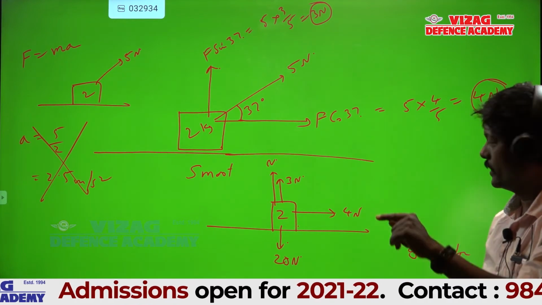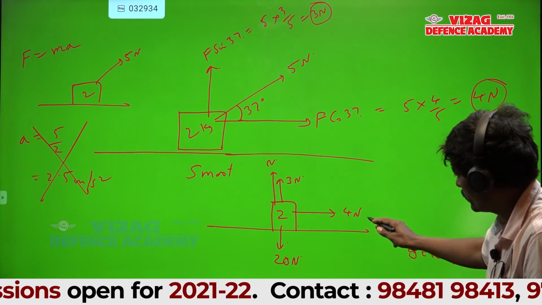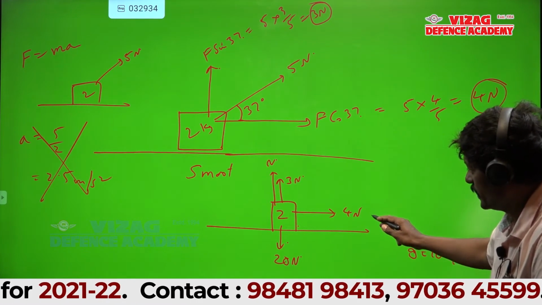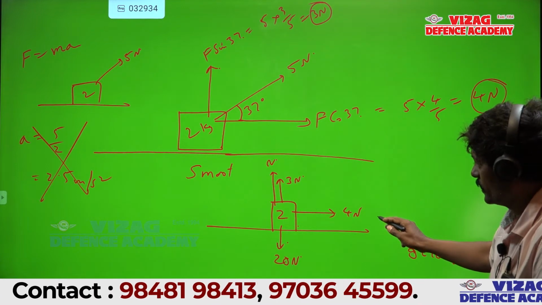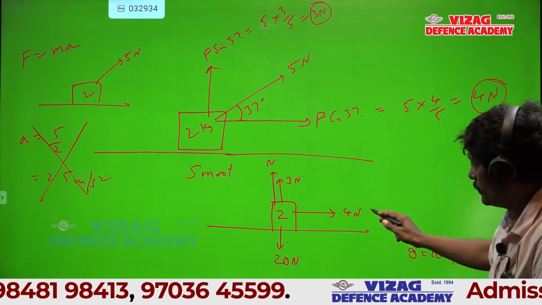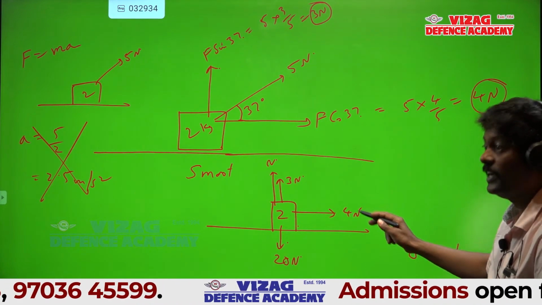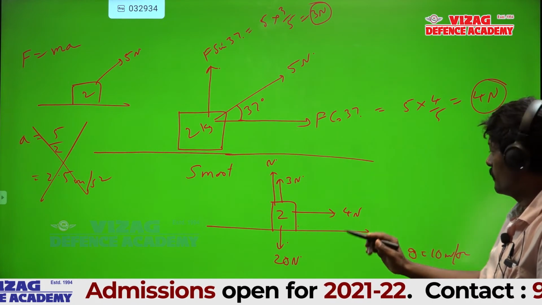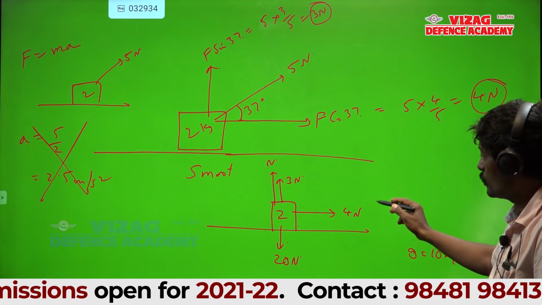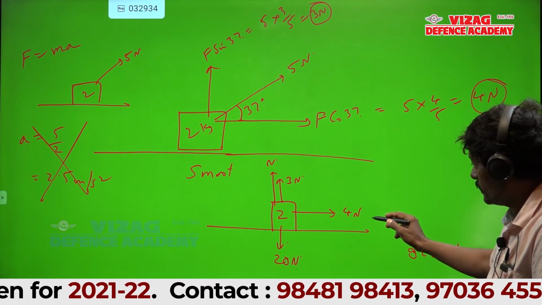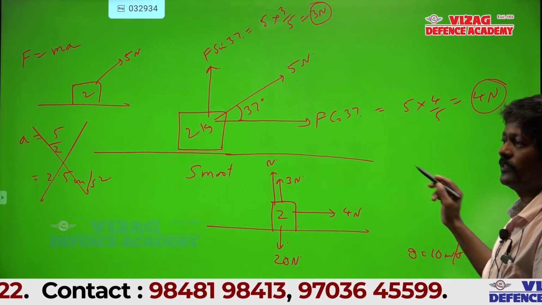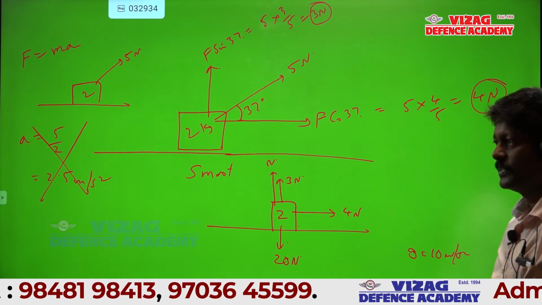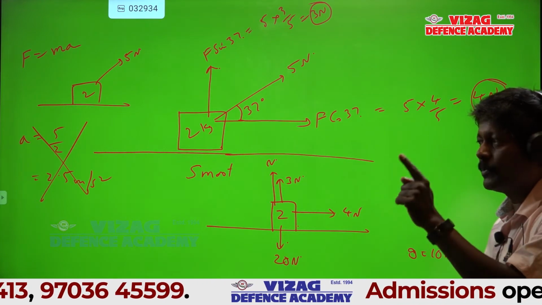What is the component in the direction of motion? 4 Newton. That means the body is going to accelerate due to 4 Newton. Again I am repeating.